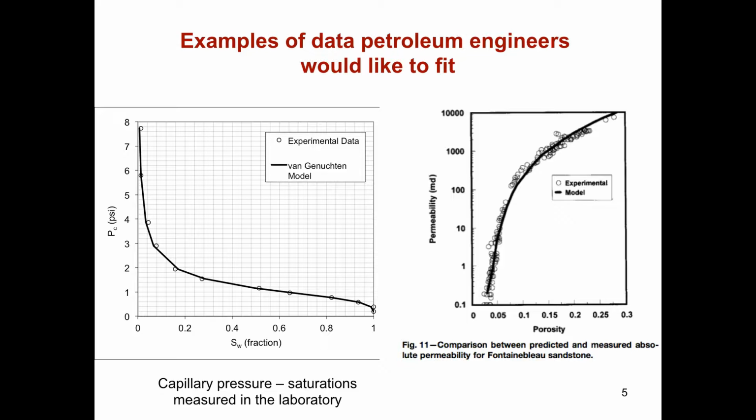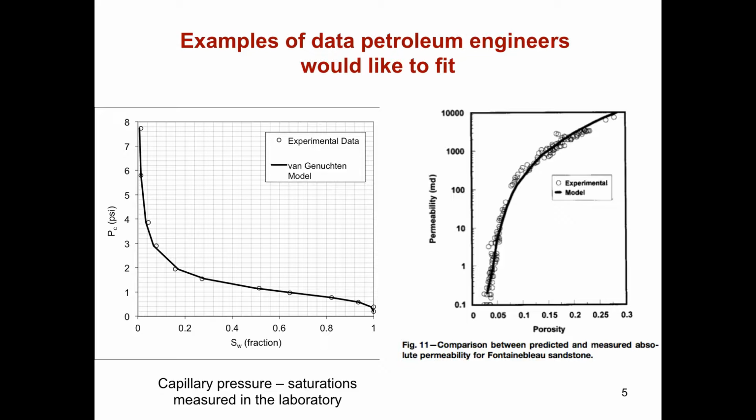And in this case, there's a model that you will mention in petrophysics when you get there, the Van Genuchten model, that actually fits this data pretty nicely. Okay? Not perfectly, but I can adjust this Van Genuchten model curve, which has certain parameters, to really minimize the error between where the curve actually is and where my actual experimental data point is.